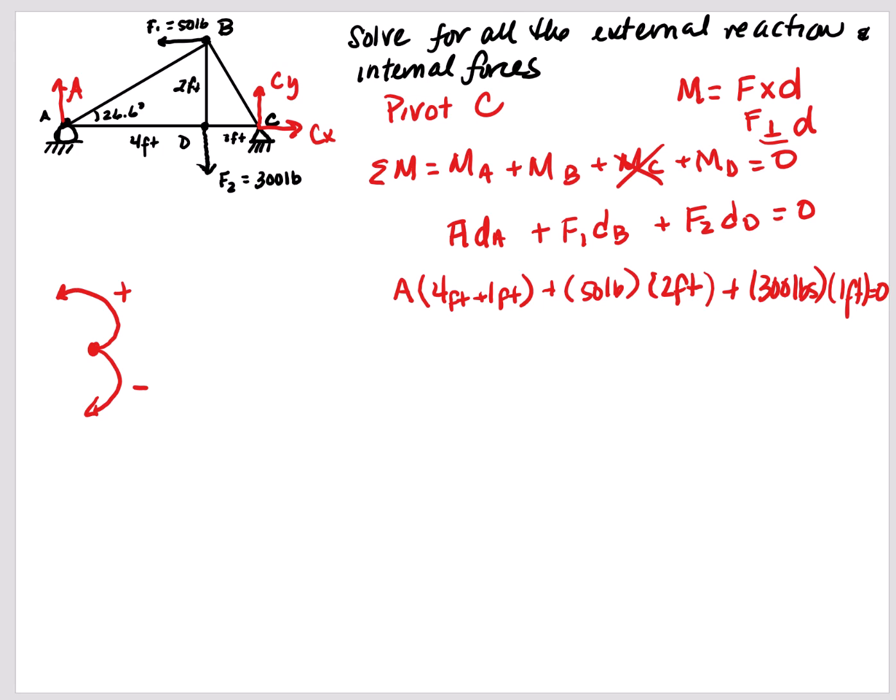So first thing I'm going to do is draw my pivot point, which is C. My force at A goes up. So if I push my beam up, this is going to rotate in the clockwise direction. So that means A is going to have a negative moment.